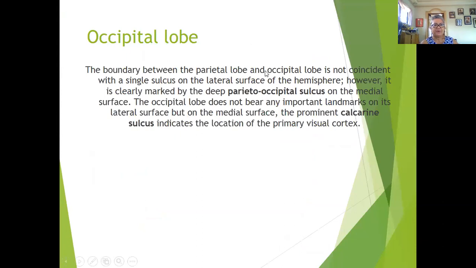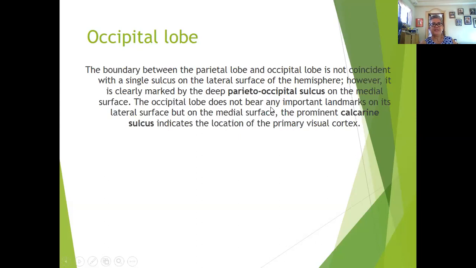You have to remember that because you have to make your own marker to delineate which is on the lateral surface, which is the occipital lobe and which is the parietal lobe, because there is no single sulcus that will delineate or separate these two lobes. However, it is clearly marked by a deep parieto-occipital sulcus on the medial surface.